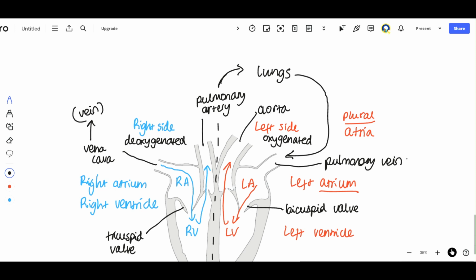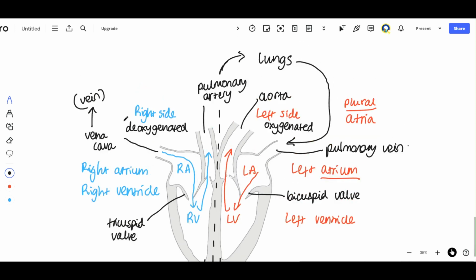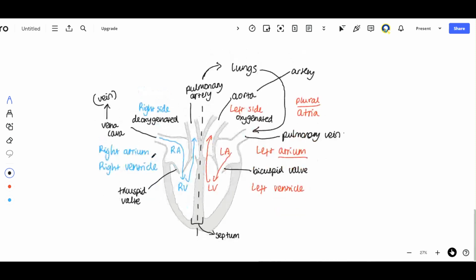You might have noticed, blood is always coming in through veins at low pressures and going out of the heart at high pressures, and these are arteries. So the aorta is a type of artery.